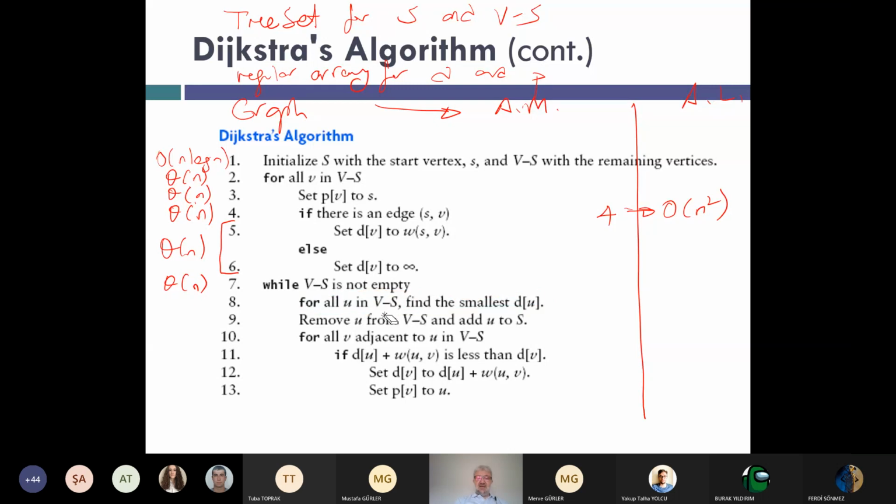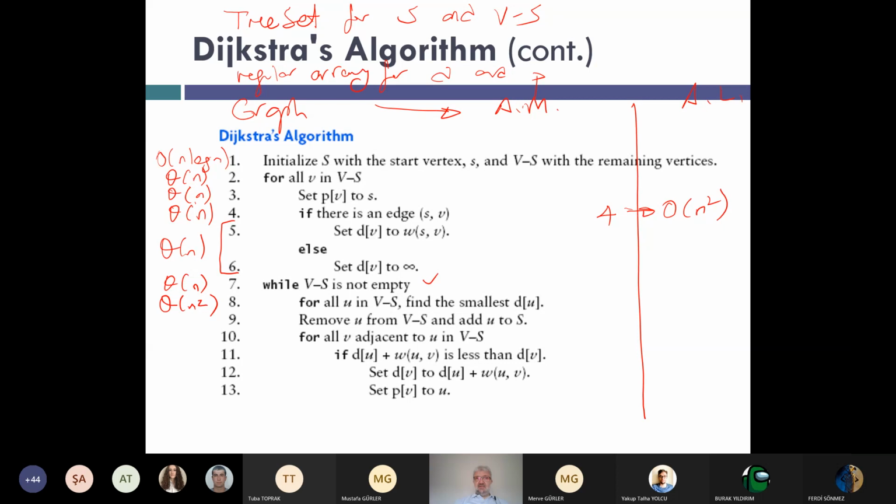The size of V minus S is n minus 1, n minus 2, n minus 3, etc. Then we have used this for loop in the while loop. The total will be theta n squared, right? Since we have to find the minimum in n minus 1 elements in the first iteration of the while loop, then n minus 2 elements in the second iteration.